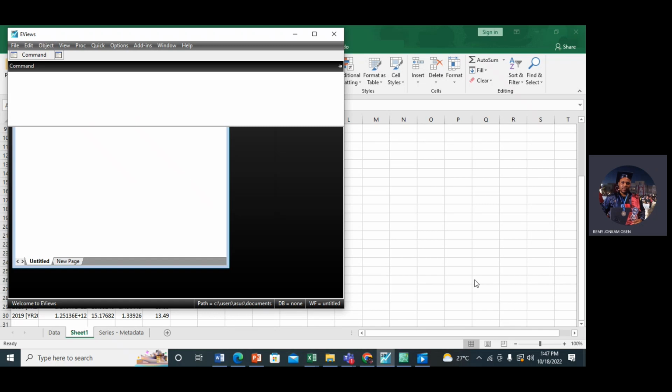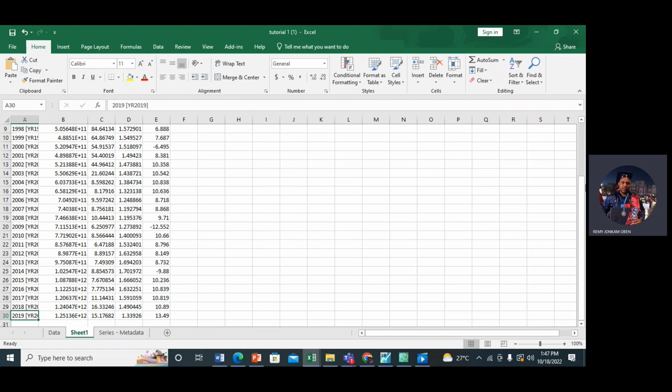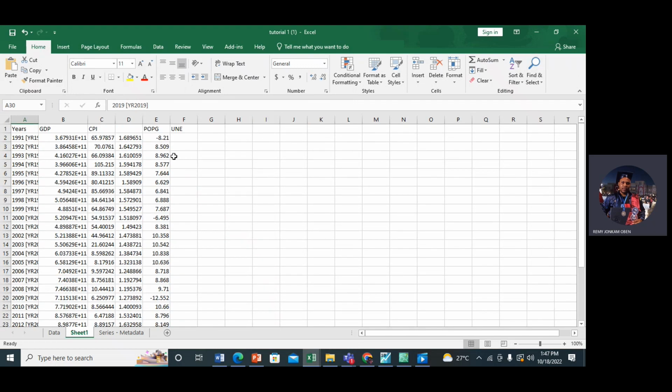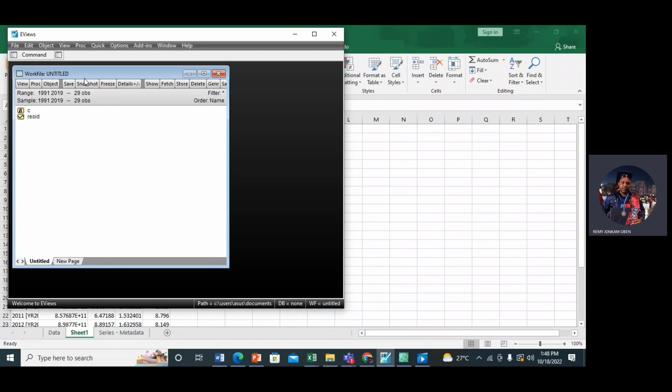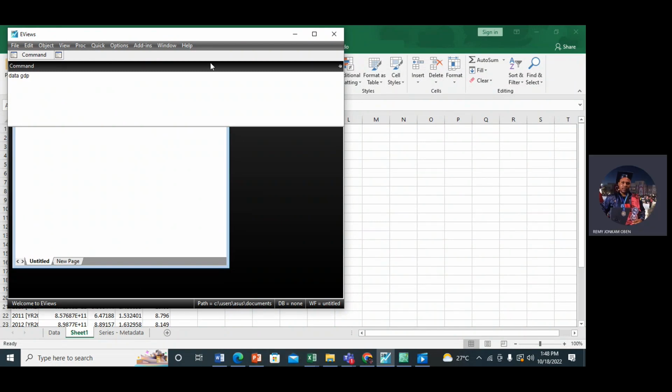It opens. The first thing you have to do is to generate the command, right? So you look at the variables, go back to Excel. You see we have 4 variables: GDP, CPI, population growth, unemployment. So you go to the command, you type data, you give a space, GDP, CPI.